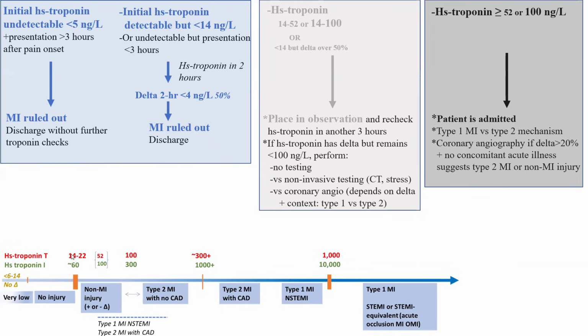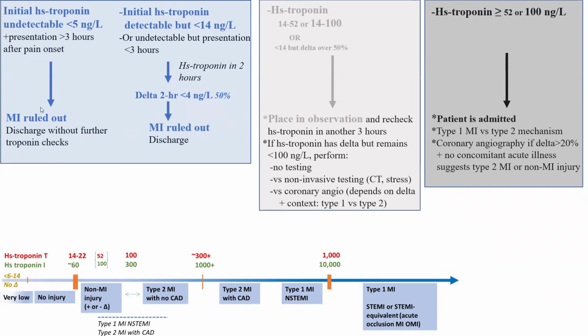Below MI cutoff, below this 14 to 22 for troponin T, you have very low values that are either undetectable, less than 6, or detectable but with very low delta, less than 4 in absolute, or in this zone we use, if you use a relative value, we use 50%, but we tend to use absolute delta for this zone.